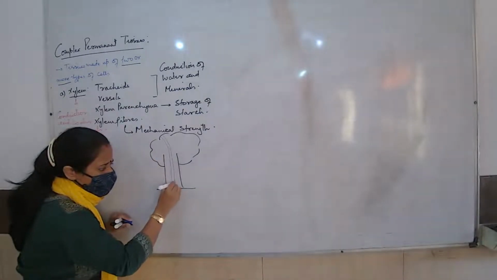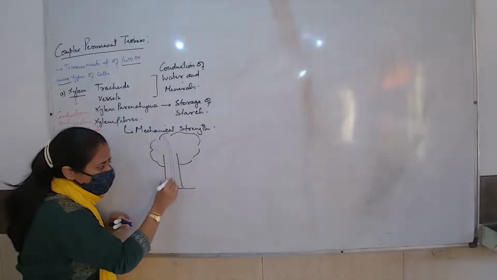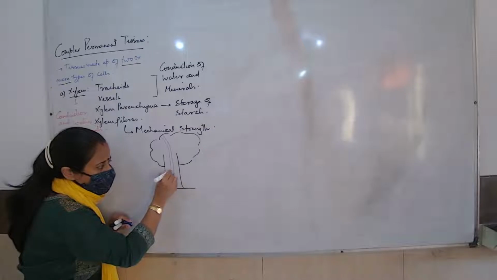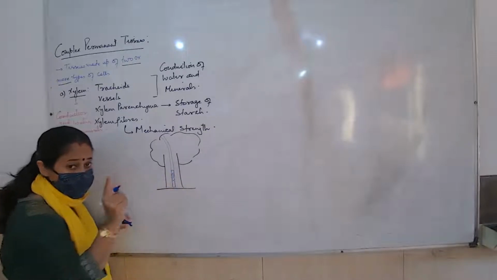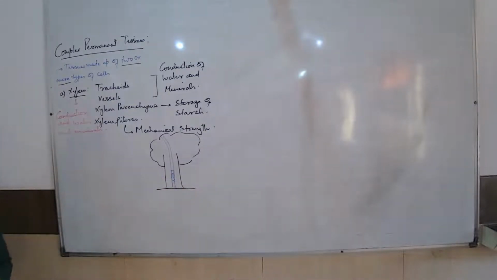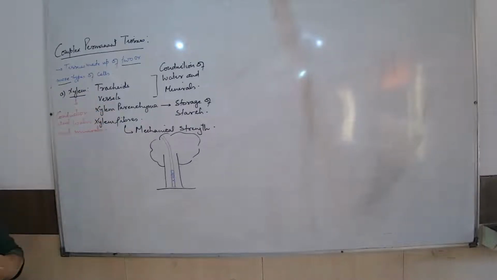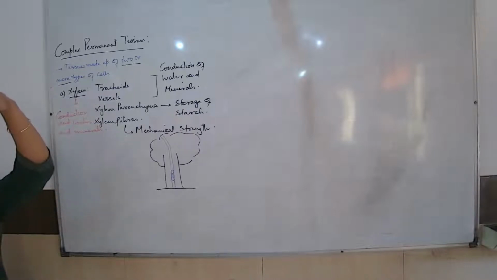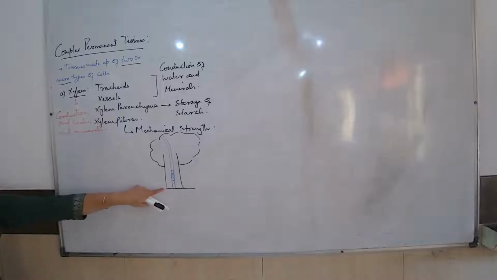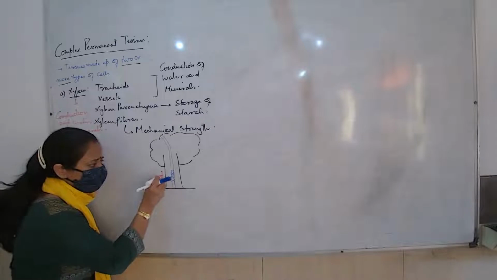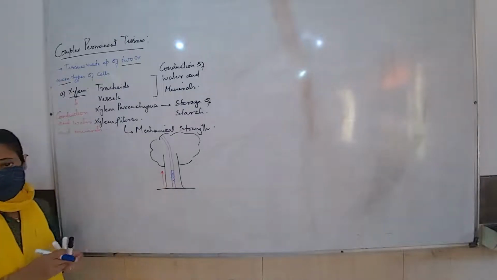Let's say this is one cell known as a tracheid, then the vessels and then the fibers arranged this way. The shape and structure of the four types of cells are different, but they are all placed together, resulting in the formation of a tubular structure in the central region of the stem and leaf. And what are they doing overall? They are engaged in the upward movement of the water and sap.